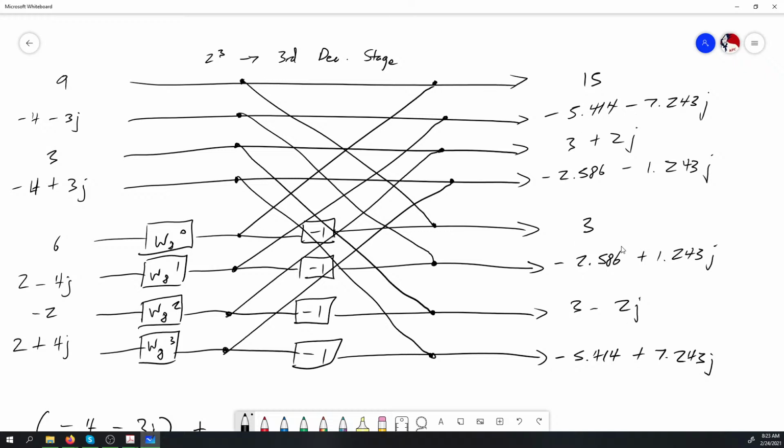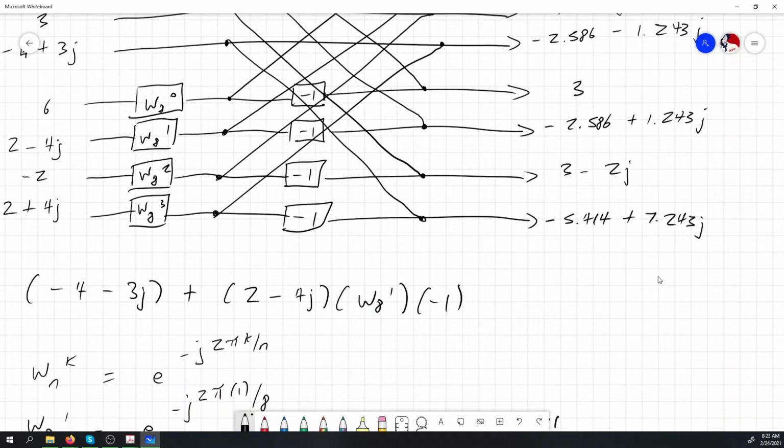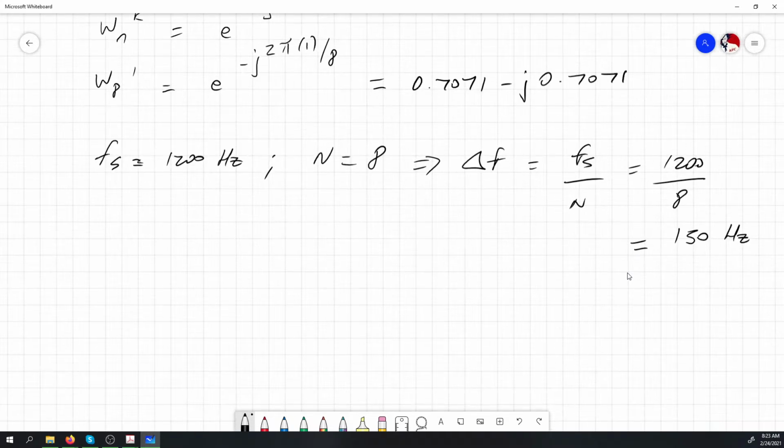You can see that the biggest real value here is minus 5.414 and the biggest imaginary value is 7.243. So the biggest spectral component is going to be at the pairing of minus 5.414 minus 7.243j and its complex conjugate, which is positive of the imaginary value. So I'm just going to write this out for you guys.